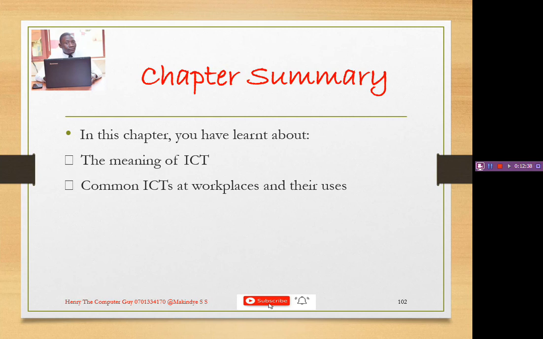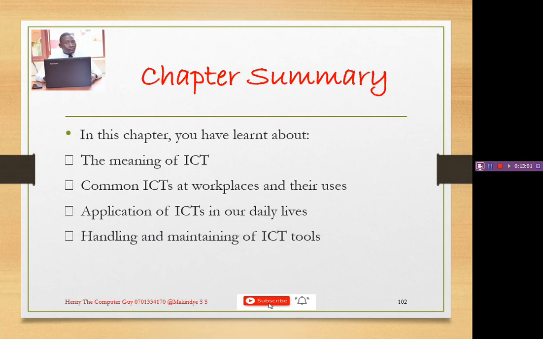Computers, what are they used for? Phones, what are they used for? Printers, what are they used for? Tablets, what are they used for? And many others, as we've been saying. We've talked about the application of ICT in our daily lives. What do we use ICT for in our daily lives? We have talked about education, our homes, offices, and other areas, to mention but a few.